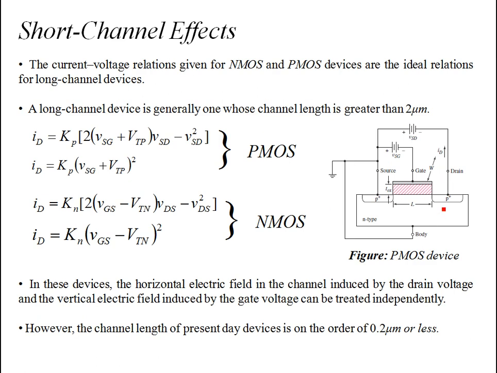Now for example, this drain terminal is kept reverse biased. This is a PMOS MOSFET. If you go on increasing VSD over here, this depletion region is going to increase. This region is going to grow, and at a certain voltage, when VSD is much larger.